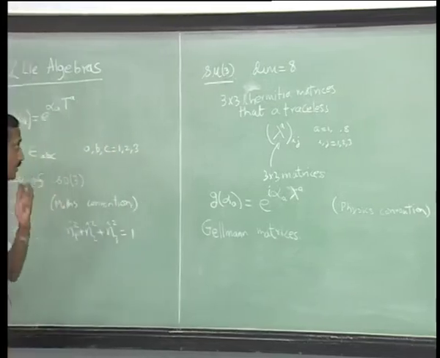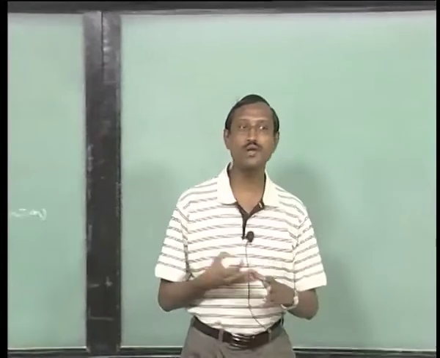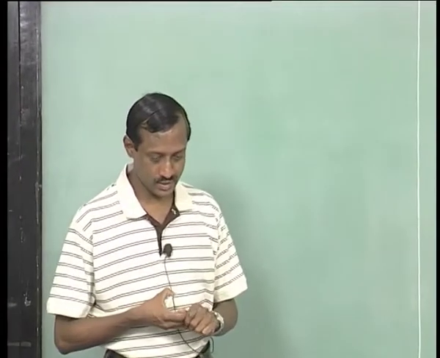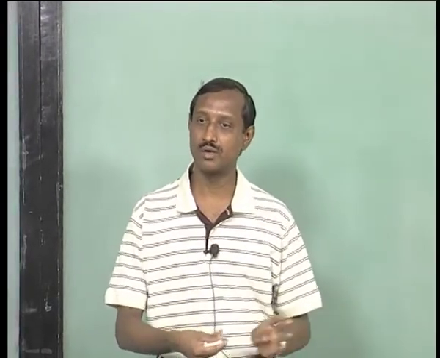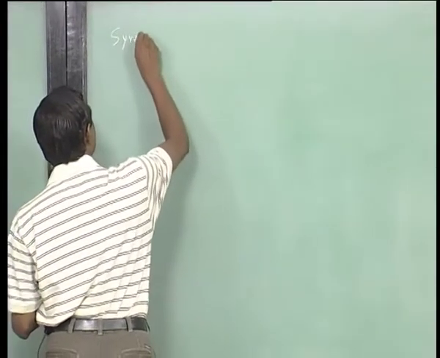Okay. So, now coming back to the original problem, we wanted to find a nice way to parameterize fluctuations when you have symmetry breaking. Okay. So, let us return to symmetry breaking.